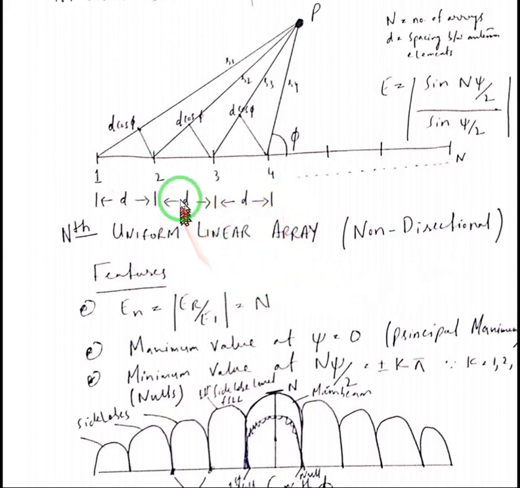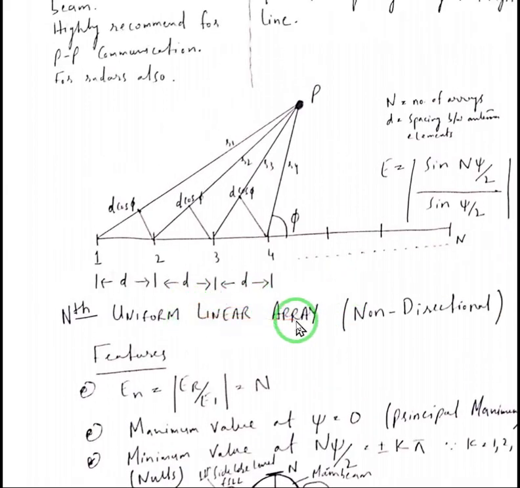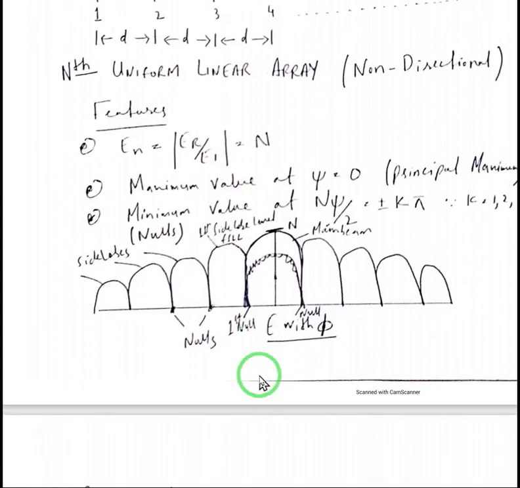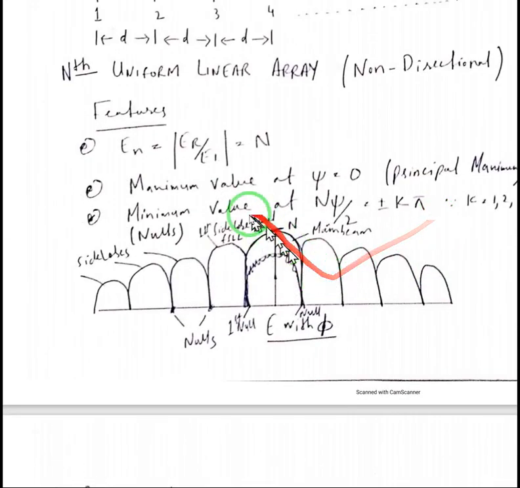Remember that we are talking about a uniform linear array of non-directional antennas, but the properties are linear, that is, the distance between the elements and the excitation are the same between the elements. The first side lobe level ratio is equal to the first side lobe level divided by the main lobe level, that is this one.